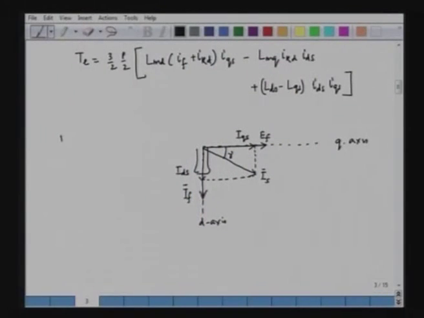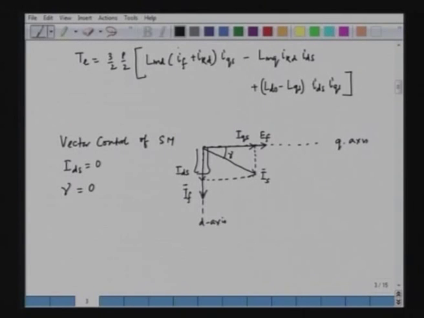By vector control we mean IDS is equal to 0. So, for vector control of the synchronous motor, we have IDS equal to 0, which also means gamma is equal to 0. And if gamma is equal to 0, the torque equation becomes very simple. This is the equation for the torque, Te is equal to 3 by 2 into P by 2 and the expression within the bracket.